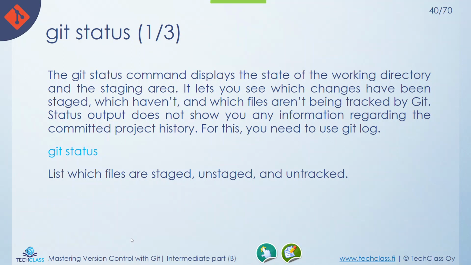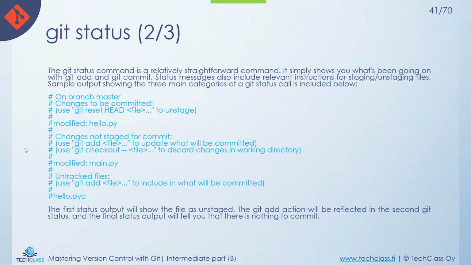But of course it doesn't give you any information about the committed project history. That's the job of git log, which we'll see later. Here you can see an example of git status.